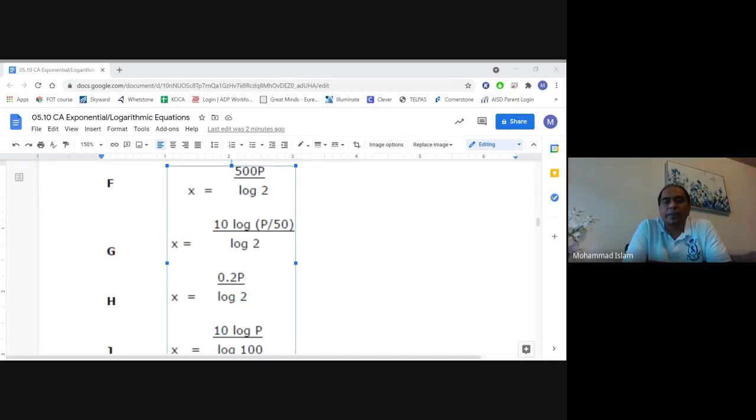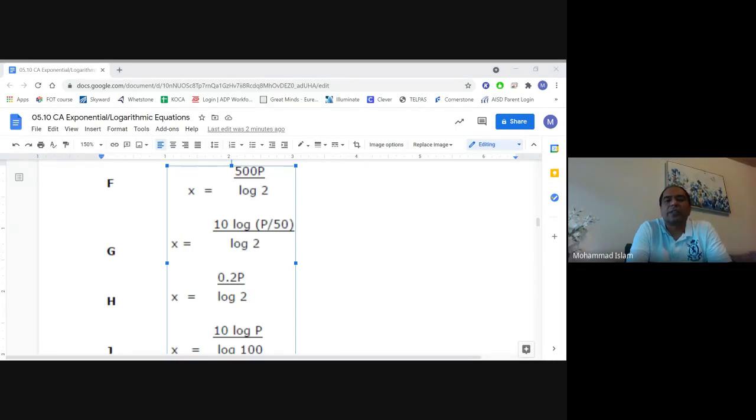What is the first step you need to take when you solve such a problem? Come on, someone should come up with an answer. You need to solve for x. So the first thing you would do is you will isolate your term involving x.